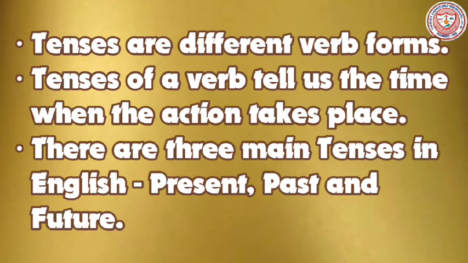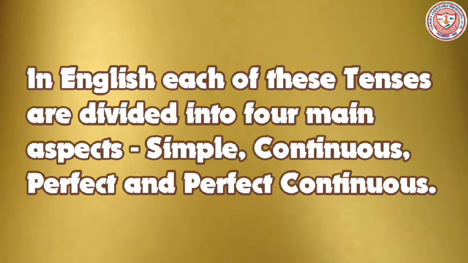Tenses of a verb tell us the time when the action takes place. There are three main tenses in English: present, past and future.